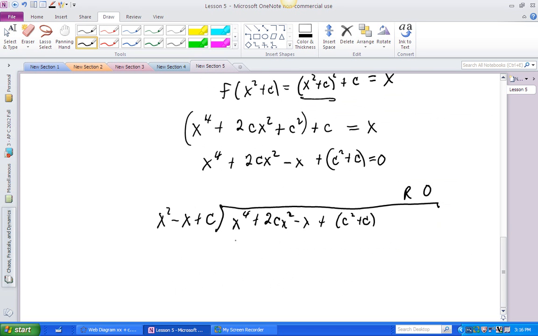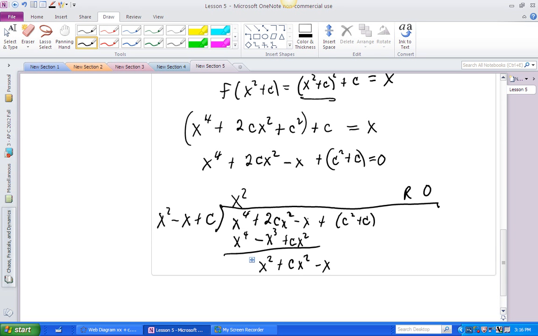x squared goes into x to the 4th, x squared times x squared times x squared, x to the 4th minus x cubed plus c x squared. And I subtract that, and I get x cubed plus c x squared, and bring down the negative x. And now I'm going to divide x squared into x squared. Oops. Sorry, this is not an x squared.